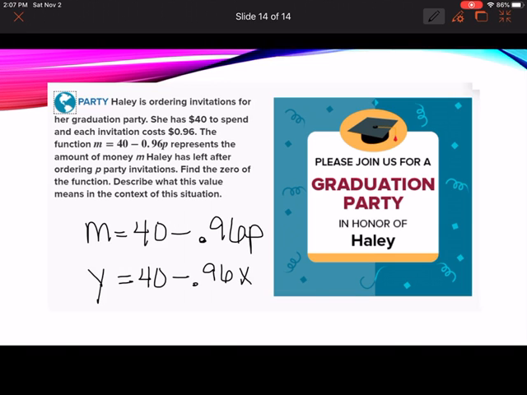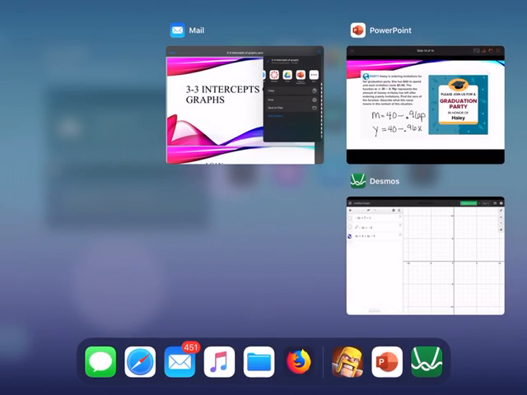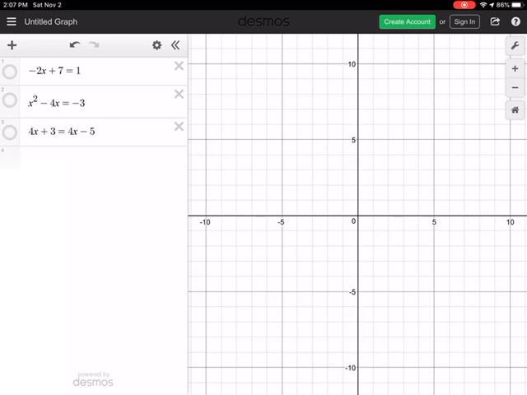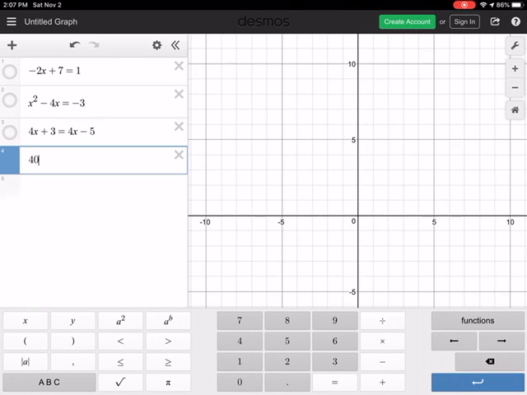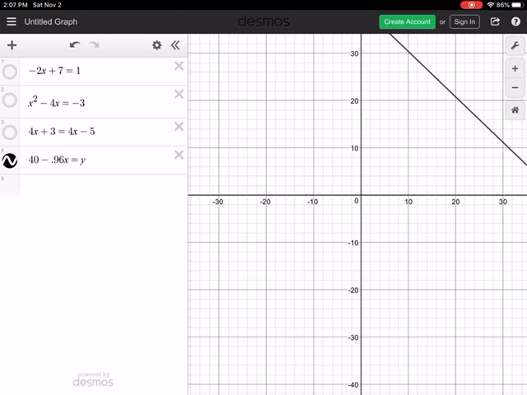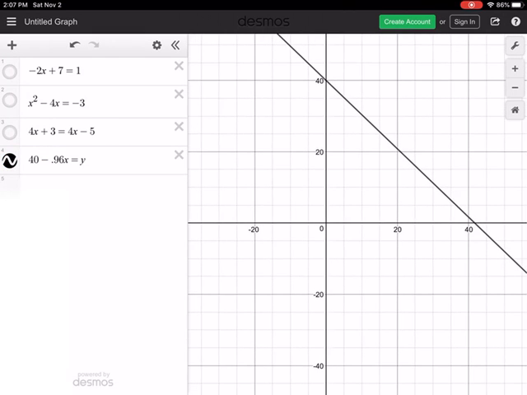So we're going to put this in Desmos just this way. So 40 minus 0.96x. So I'll do 40 minus 0.96x. And then I'll put equals y. So we're going to have to zoom out on this one and see what that means.